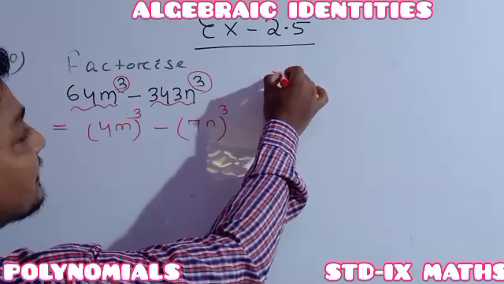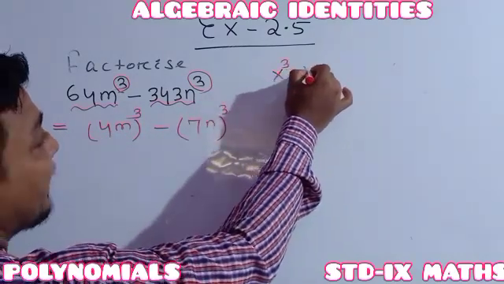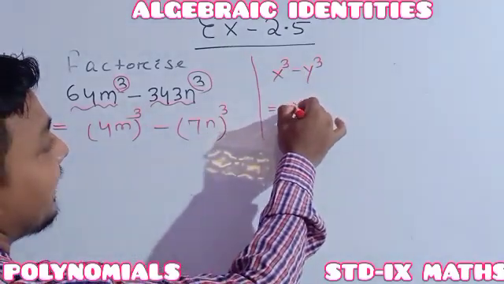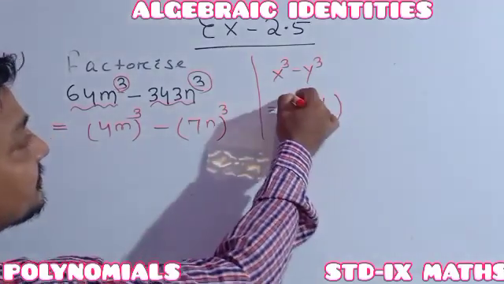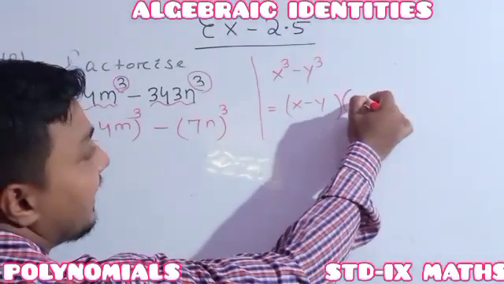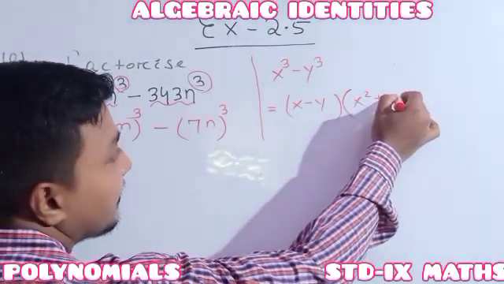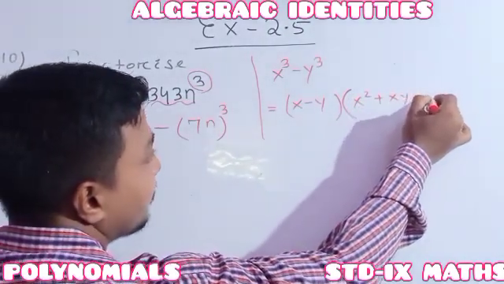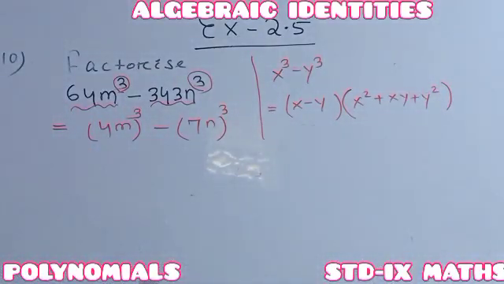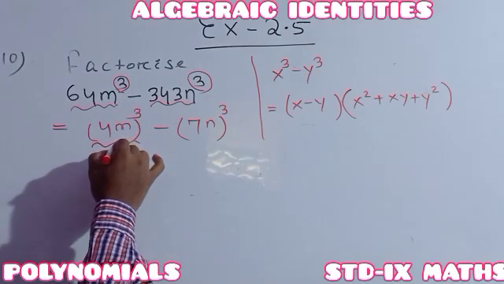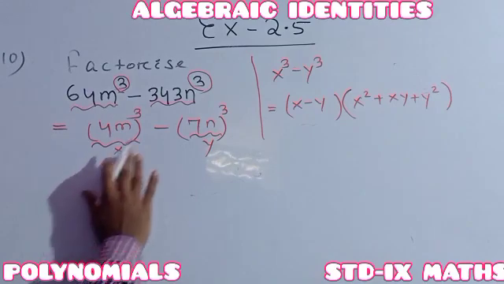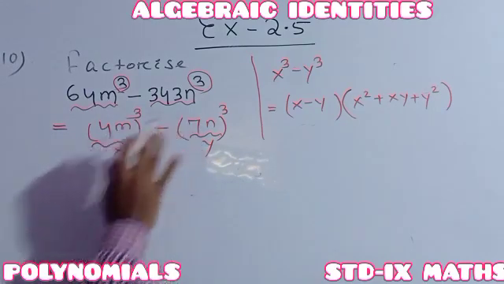Actually previously I told you the x cube minus y cube formula, which is equal to x minus y whole into x square plus xy plus y square. So here we have already detected this one is x, this one is y, otherwise this one is first and this one is second, its cube minus its cube.